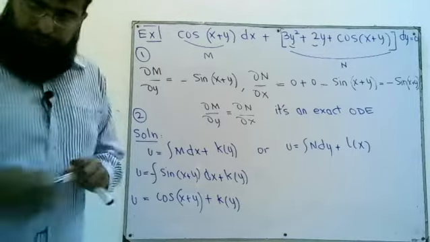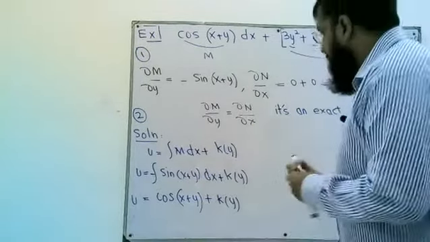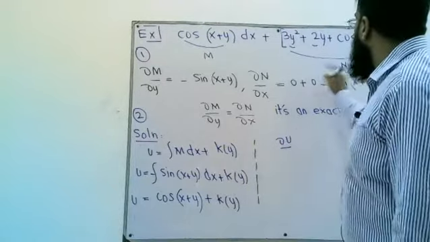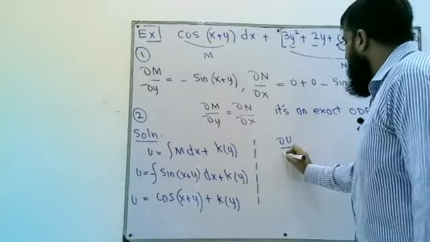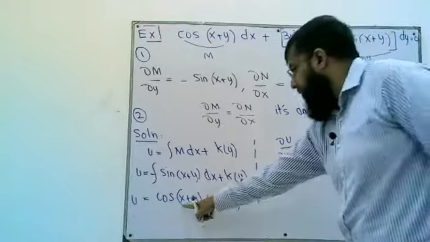So this is u equal to, but this u involves another variable k. So how to find that? That's very simple. We know that N is partial u over partial y. So partial u over partial y should be equal to N. So what is partial u over partial y?